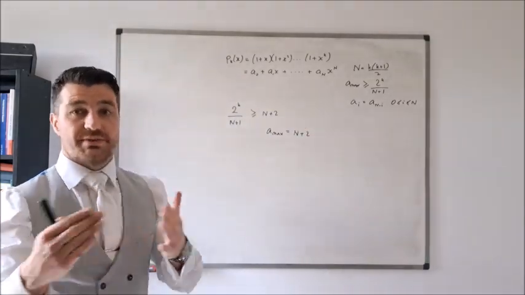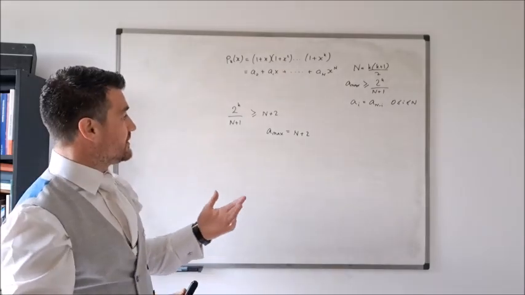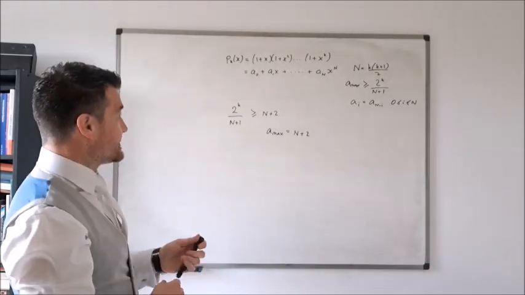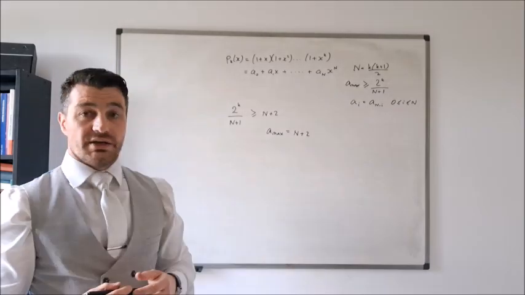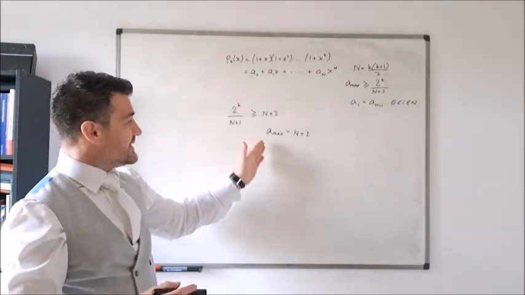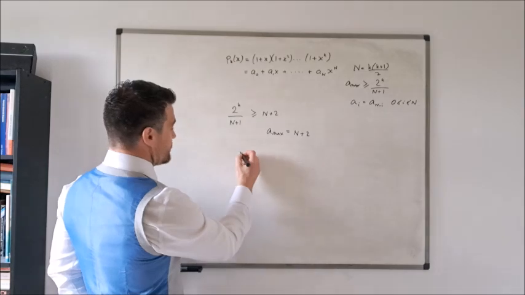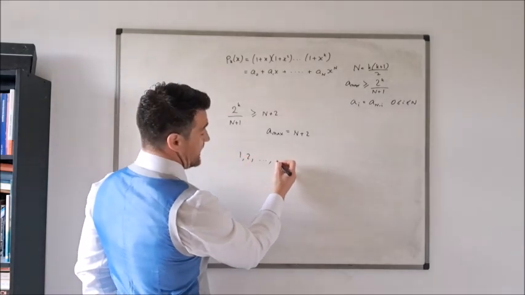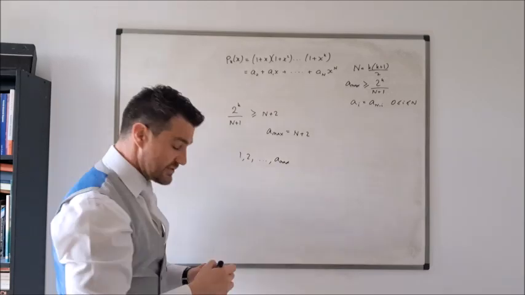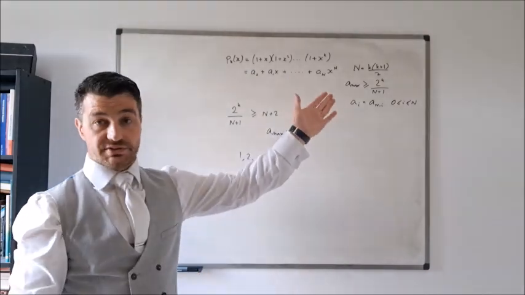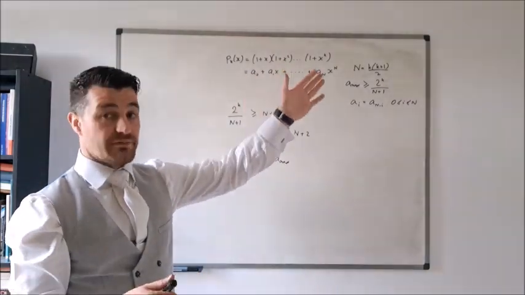One of the integers must be missed out somewhere. So if a max is equal to n plus 2, then there must be at least one integer between 1, 2 and a max that is not to be found amongst the coefficients, because there's just not enough coefficients there.